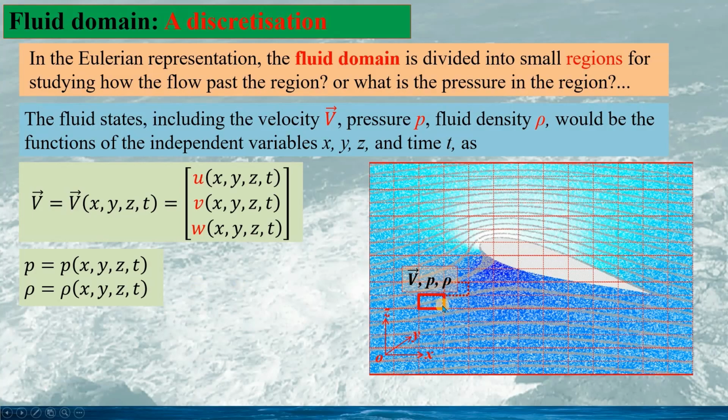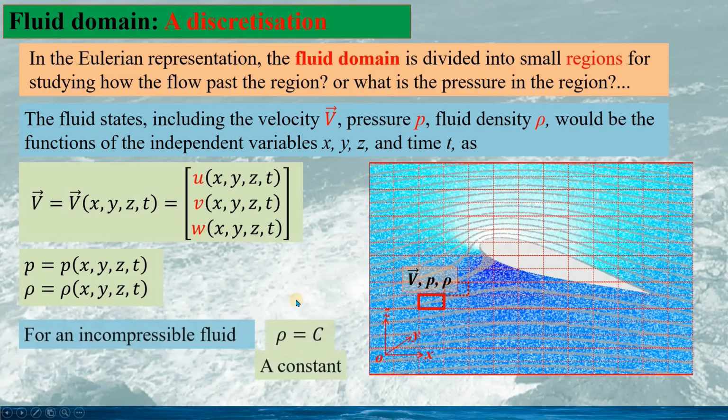So here we examine the individual region, and we will solve the fluid states for the velocity vector, pressure, density, etc. For a specific flow, an incompressible flow, the density would be a constant. Such an incompressible flow had been widely studied and applied. For instance, the low-speed airflows past the airfoils, the flow in the ocean waves, etc.